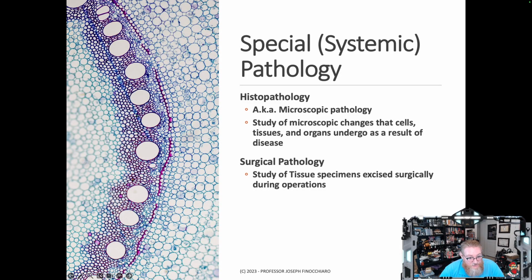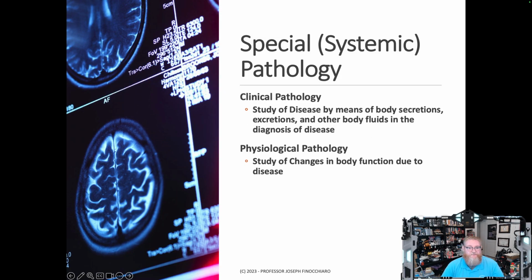We also have histopathology or microscopic pathology, the study of microscopic changes that cells, tissues, and organs undergo as a result of disease, and surgical pathology, the study of tissue specimens excised surgically during operations.